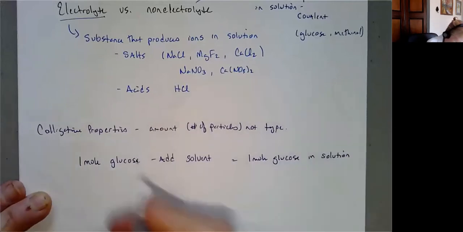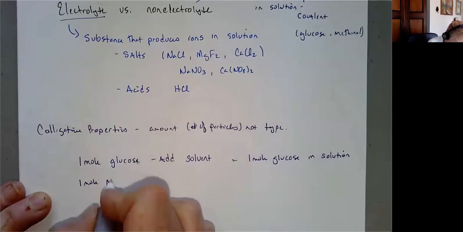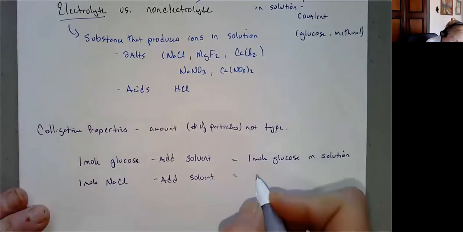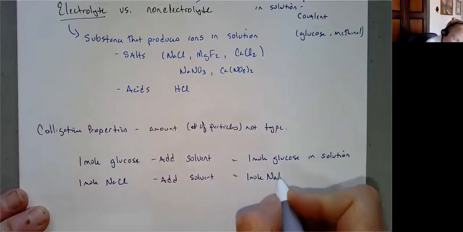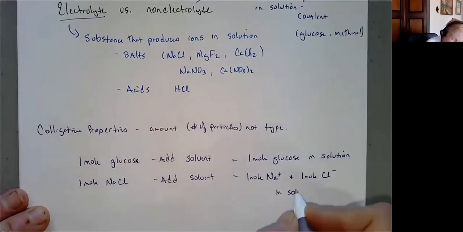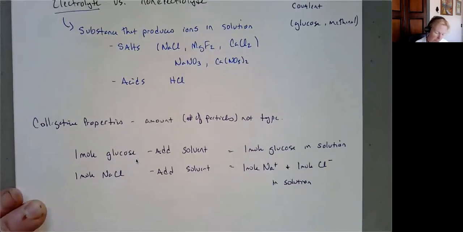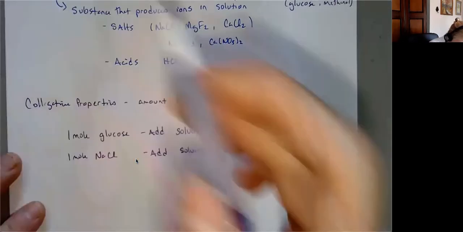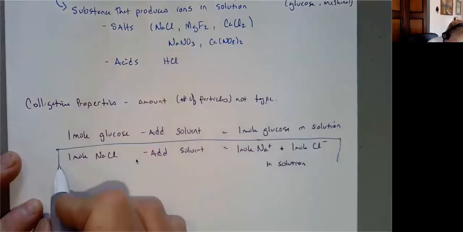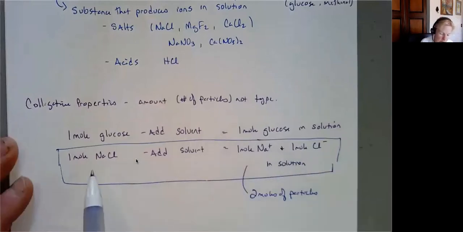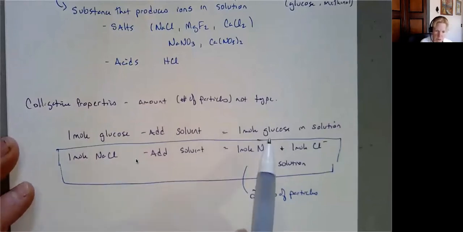If I have 1 mole of NaCl and I add that to a solvent, in this case maybe water, then I'm going to have 1 mole of sodium ions and 1 mole of chloride ions in solution. Since a colligative property only depends on the amount of particles, this is going to have 2 times the effect, because 1 mole of this produces 2 moles of particles. So I would expect this to have a greater effect than glucose, because 1 mole of glucose produces 1 mole of glucose in solution.